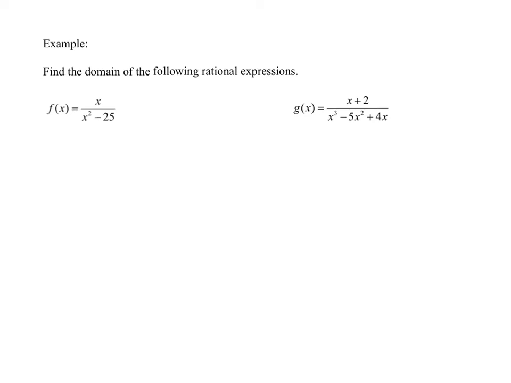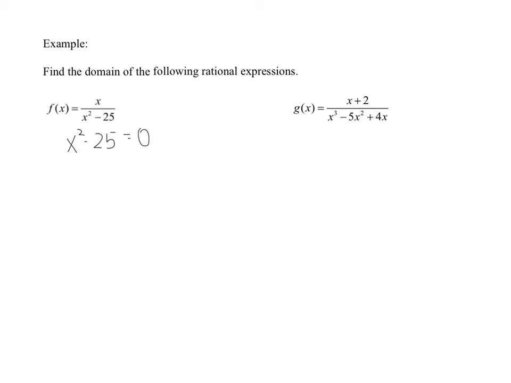So now let's do some examples. Let's find the domain of our rational expression. We have f of x equals x over x squared minus 25. We need to find when the denominator is going to equal 0, so we need to find when x squared minus 25 equals 0 and exclude those values from our domain.